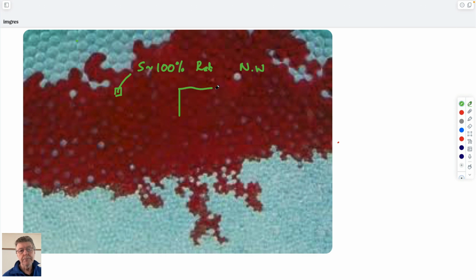But if we draw a bigger REV, we talked about representative elemental volumes last time, then that probably isn't the case. The saturation of the non-wetting fluid, I don't know, might be 80%. And the saturation of the wetting fluid might be 20%. I don't know whether those numbers are right or not.